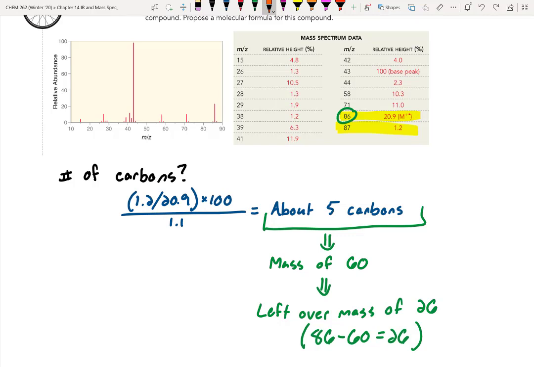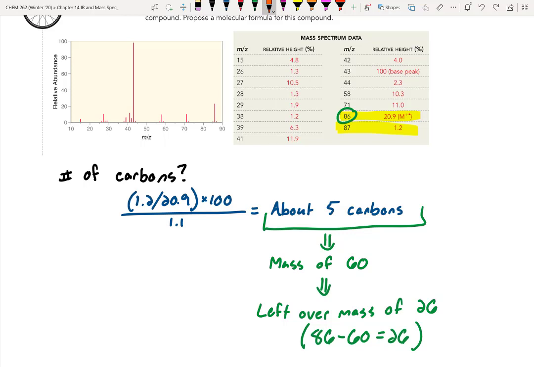So we've got some clues that we've already identified. Does anybody have some other clues that we can look for that we've talked about? Some tips and tricks we can apply? The odd number, right? If we look at our parent ion, we said that it's 86. What do we think about our nitrogens? It's either 2 or none.